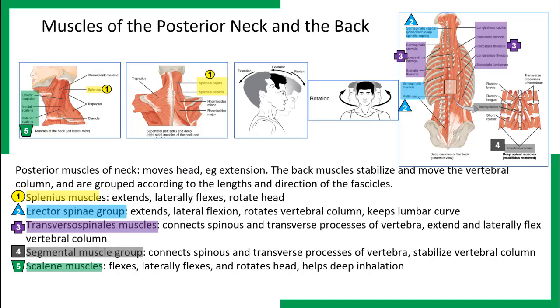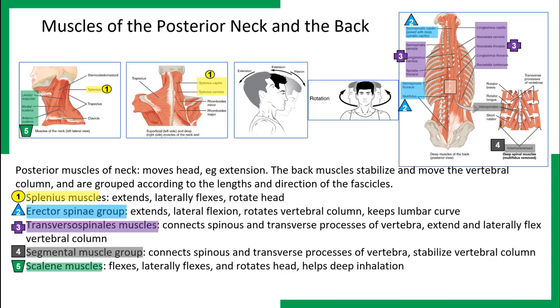When we look at the muscles of the posterior neck, so the neck at the back and your back in general, what you can see here is you've got a bunch of different muscles. And the muscles vary not only in terms of length, so you've got some very short muscles, right?